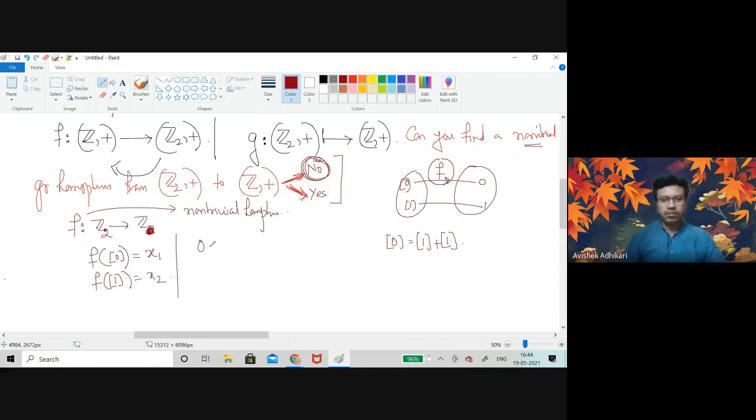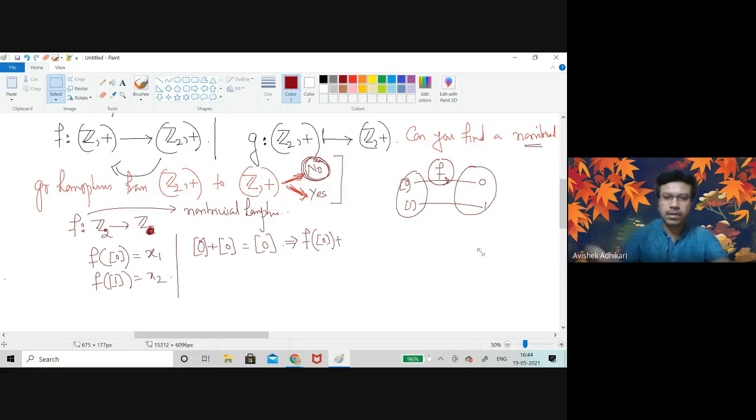So we know that class 0 plus class 0 gives you class 0. So if you make a homomorphism of it, f of class 0 plus class 0 should be equal to f of class 0.